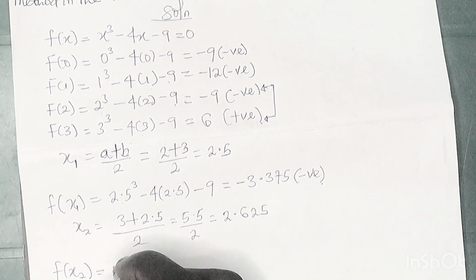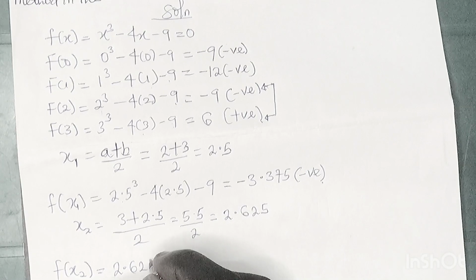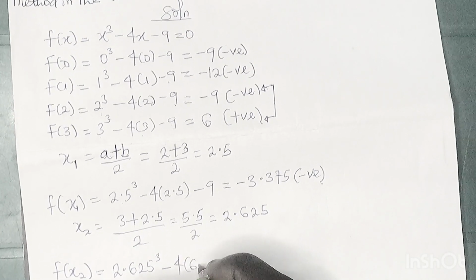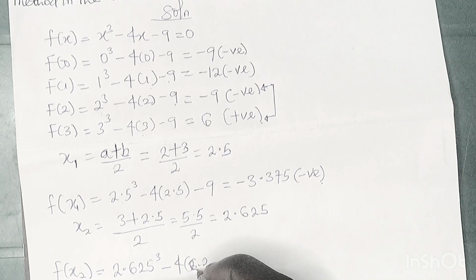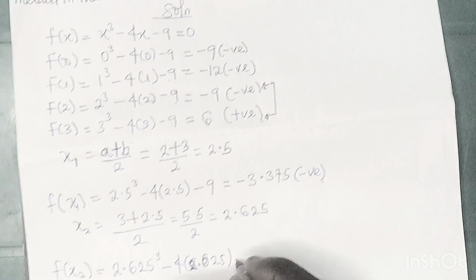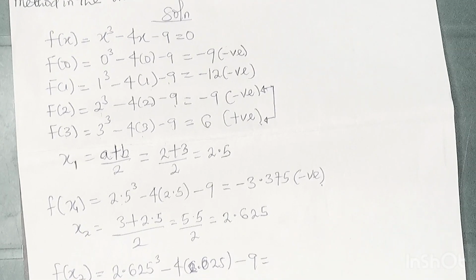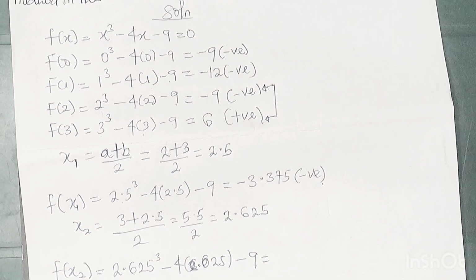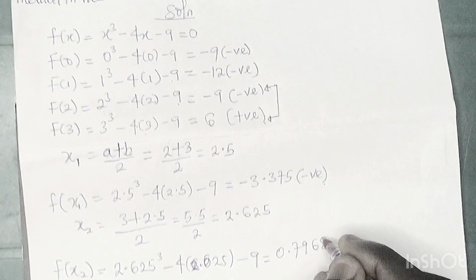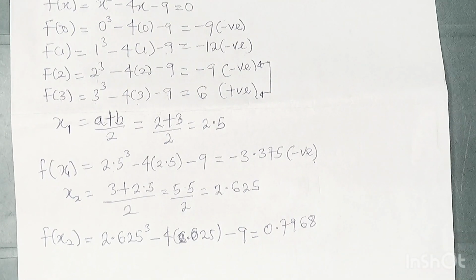So, that will be 2.625 raised to power 3 minus 4 into 2.625 minus 9. Now, if you punch a calculator, you are going to have 0.7968.